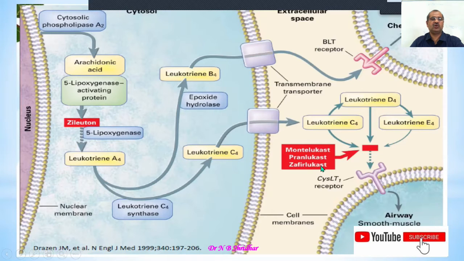And here you can see that montelukast, zafirlukast, and pranlukast, all these drugs are inhibiting the leukotriene from binding with the cysteinyl LT1 receptor, and ultimately the action is stopped.